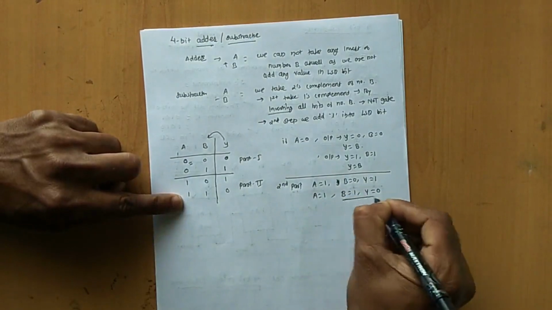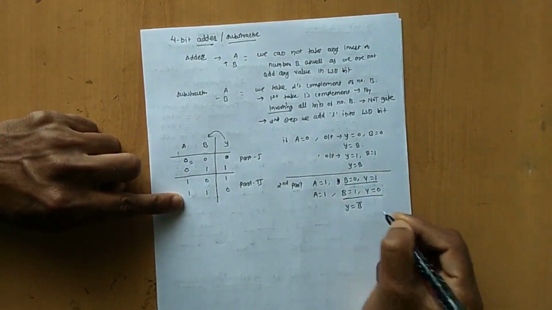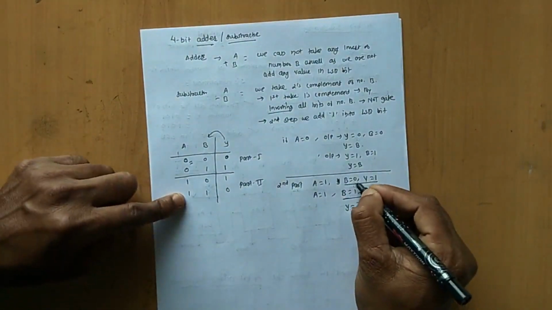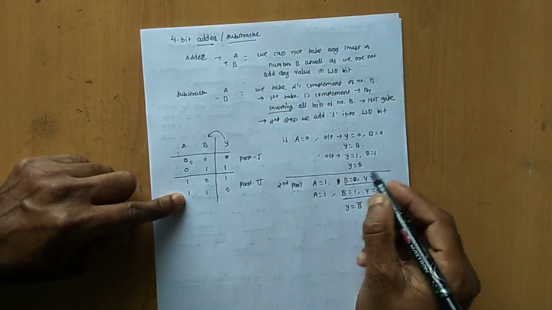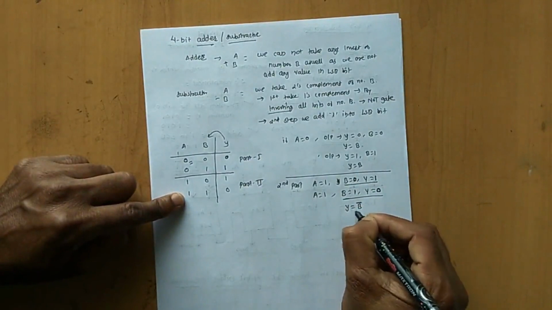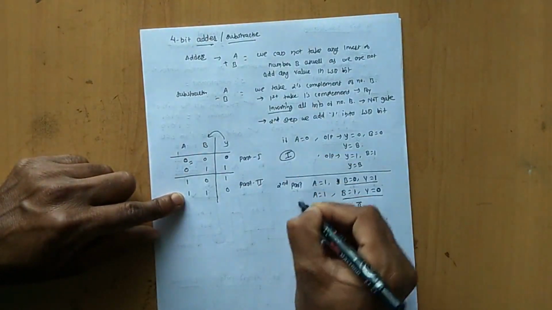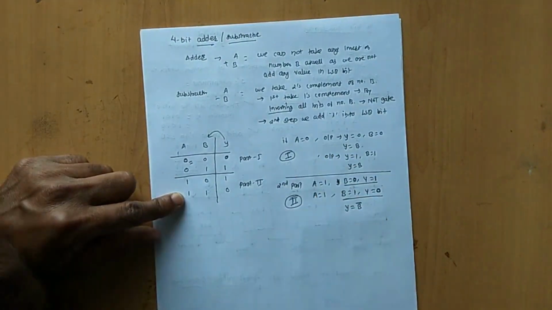So you observe carefully that in these two terms, Y is equal to B complement, because if B is 0, Y is 1, and if B is 1, Y is 0. So we say that Y is equal to B complement. These are the two different parts: this is part first and this is part second.